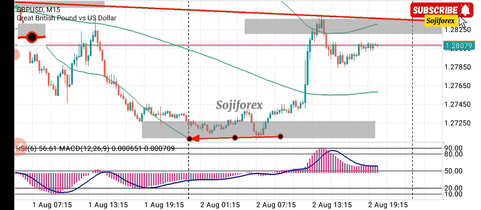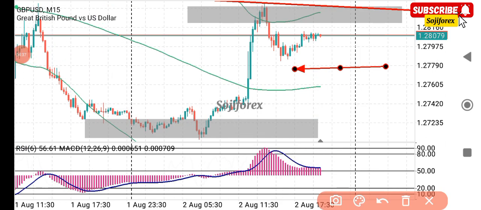Now let's take note of this. Anytime you see price at the lower Bollinger Band and price is making a series of lower lows at the lower Bollinger Band, it means there is a divergence, and that is where the MACD comes into play, because here we have a lower low, here we have a lower low, and here we have another lower low.